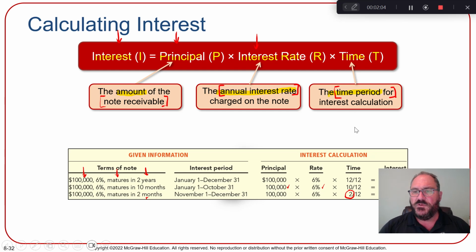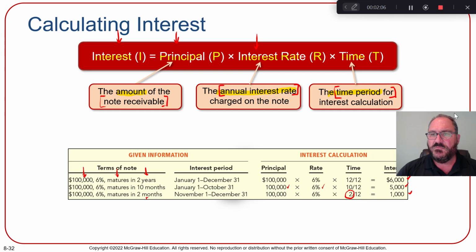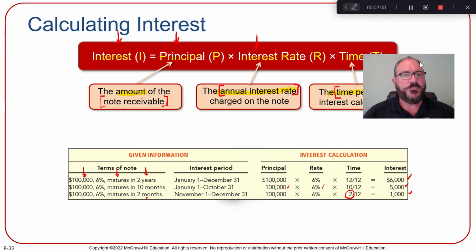So if we take a look here, if we had $100,000 at 6%, and it matures in 2 years. For 1 year, so this is for a whole year here, you take the 100,000 times 6% times 12 out of 12, the entire year, it's $6,000 per year.